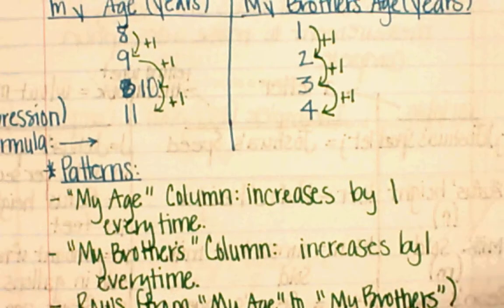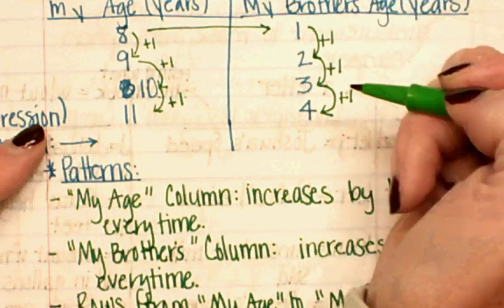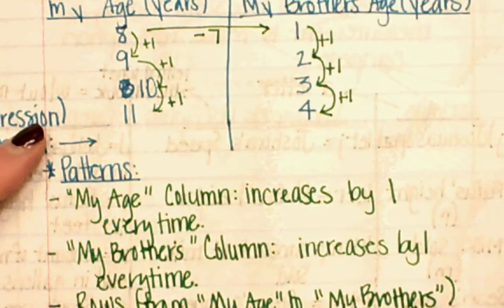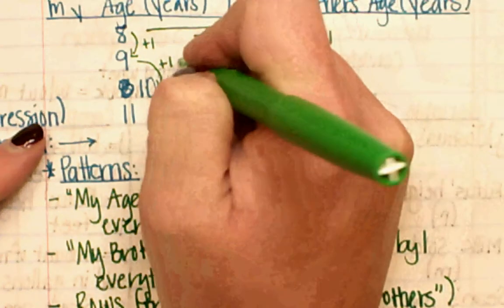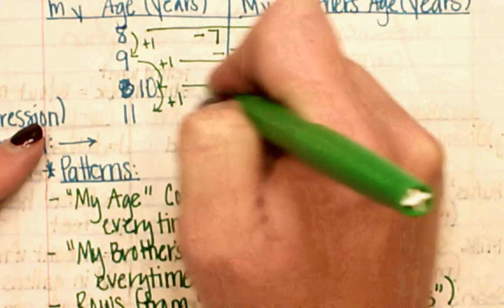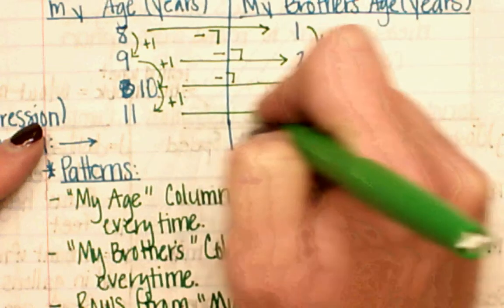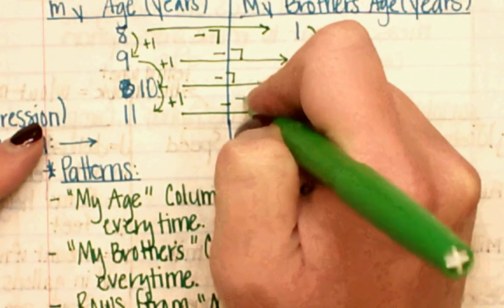Okay, so how do I get from 8 to 1? I need to minus 7. How do I get from 9 to 2? I minus 7. How do I get from 10 to 3? I minus 7. How do I get from 11 to 4? I minus 7.